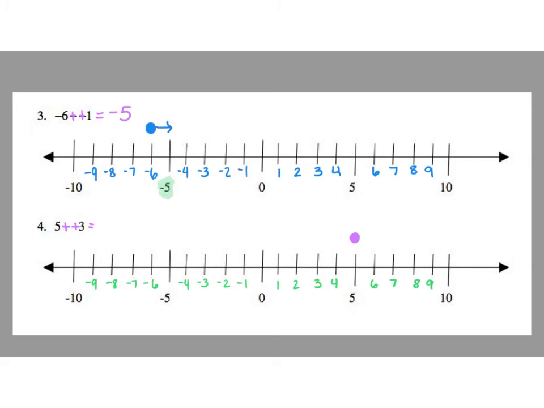So I'm going to move to the right 3 units. And when I do, I land at positive 8. So 5 plus positive 3 equals 8.